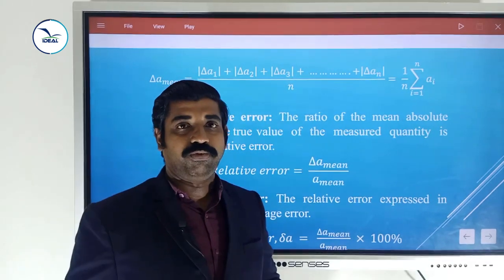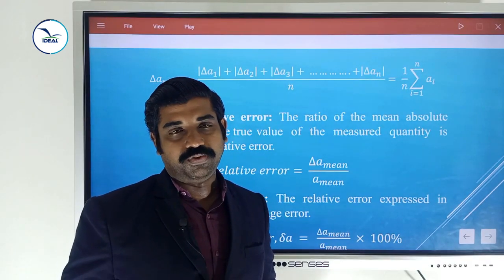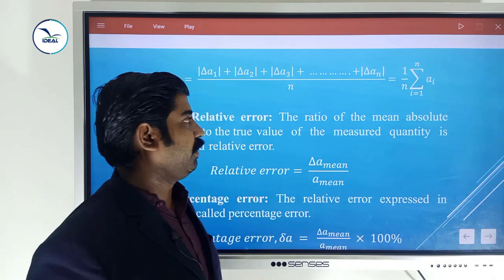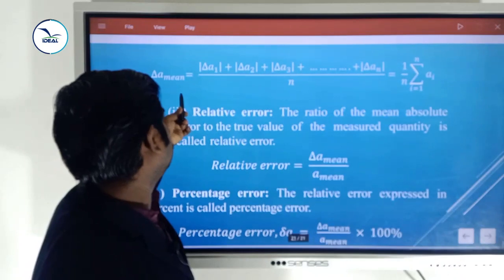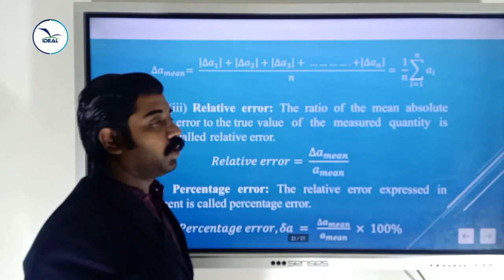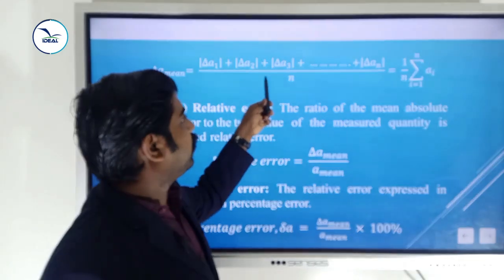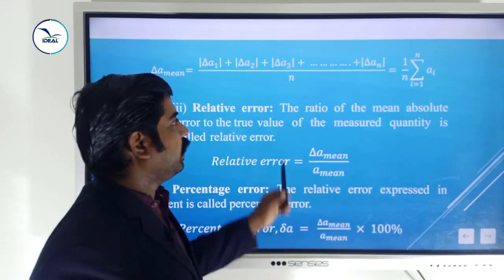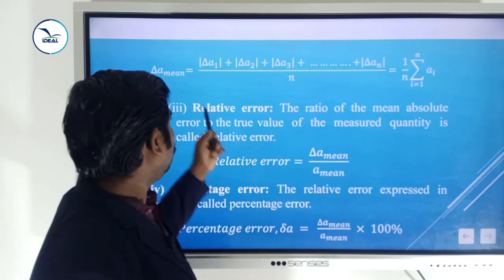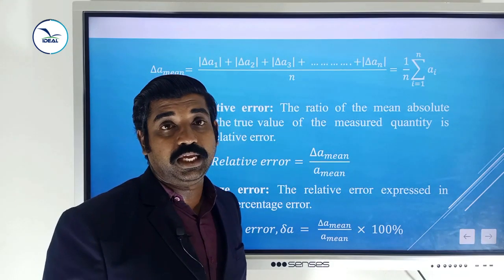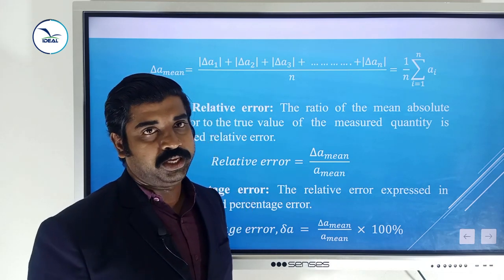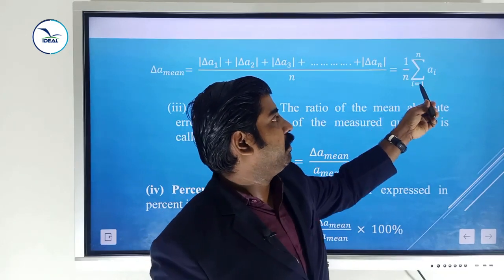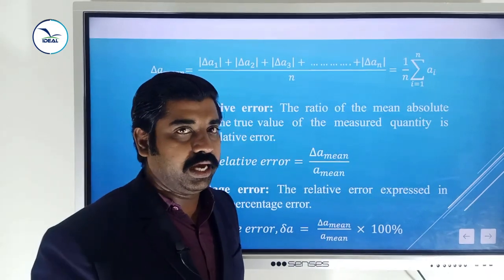If it is minus 1, we take it as 1; if it is minus 0.5, we take it as 0.5. So delta A mean is equal to (modulus delta A1 plus modulus delta A2 plus modulus delta A3 plus etc. plus modulus delta AN) by N. That is the mean absolute error, or we can represent it as 1 by N into the summation from I equal to 1 to N of modulus delta AI.